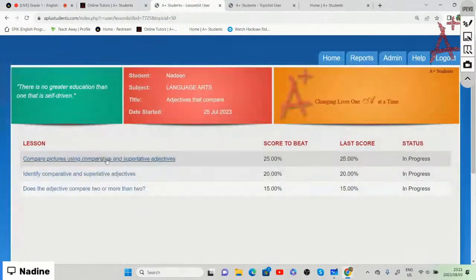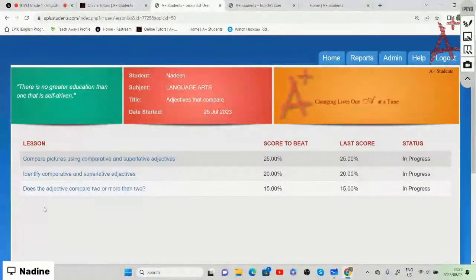All right, so that is comparing pictures using comparative and superlative adjectives. Remember, comparative adjectives compare two people, places, animals, or things, and they end in er. Superlative adjectives compare more than two people, places, animals, or things, and they end in est.